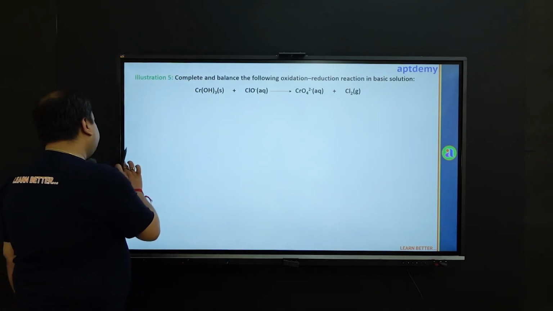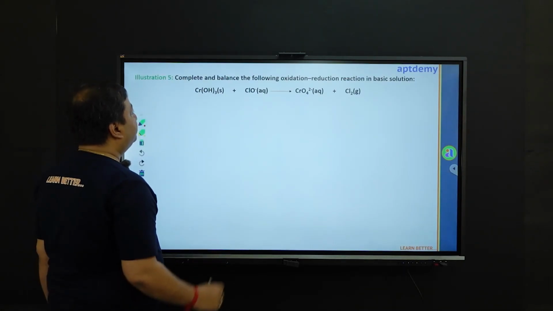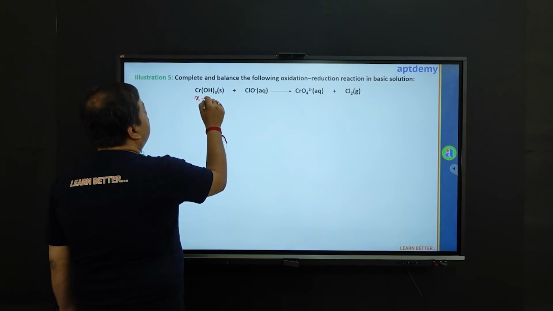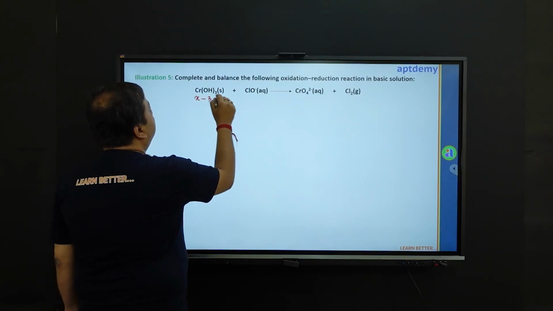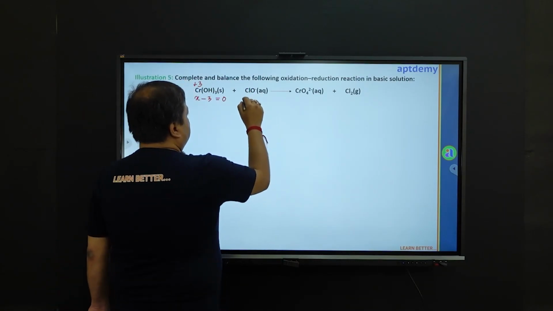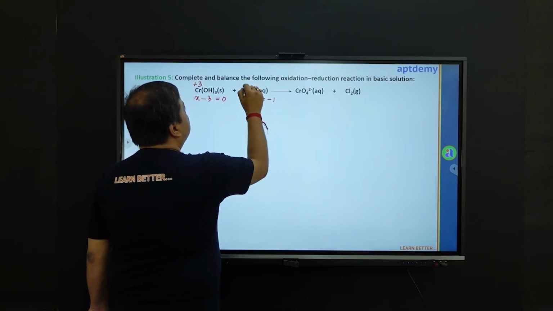So now again we will assign the oxidation states to solve such a problem. If this is taken to be X, we know this is minus 3 equal to 0, so this is plus 3. This is taken to be X, this is minus 2 equal to minus 1, so this is plus 1.